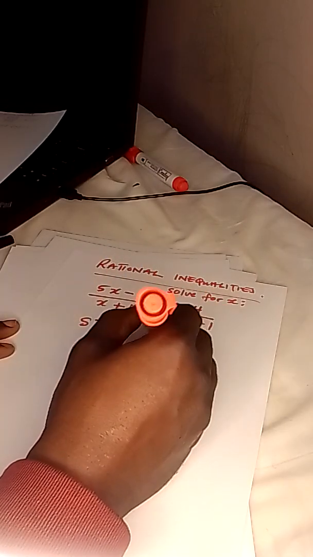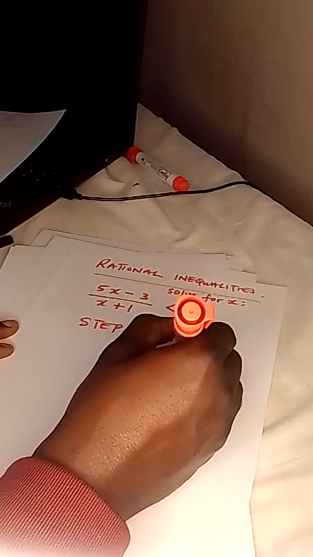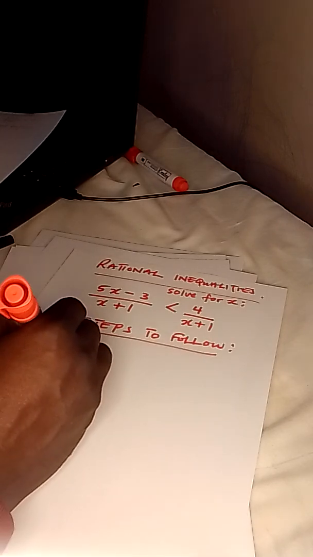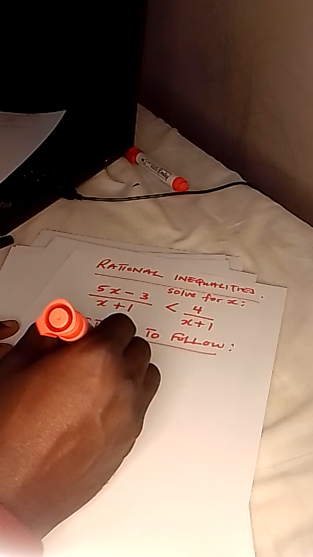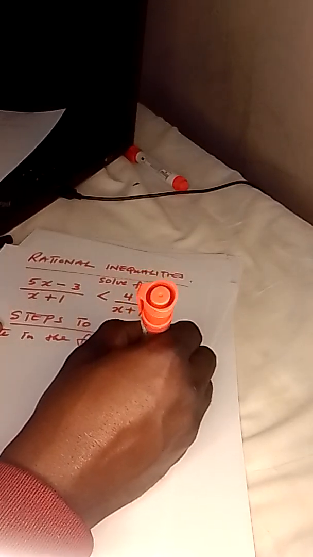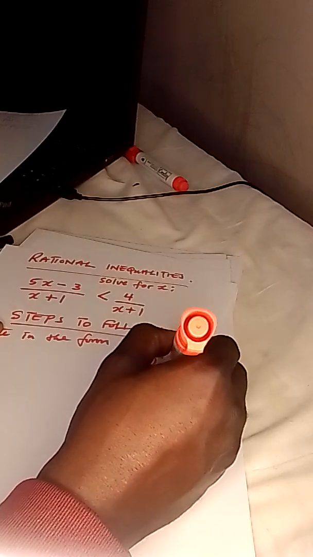I'm giving you steps to follow when you are dealing with this. Now let's see. Step number 1. You must write it in the form, let's say, k of x over p of x is less than 0.